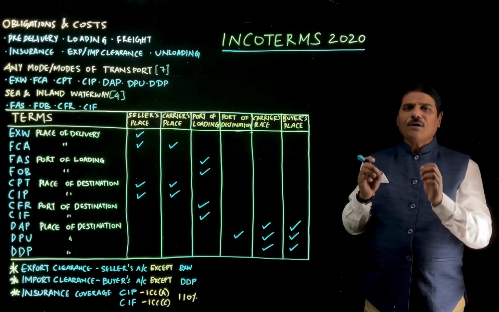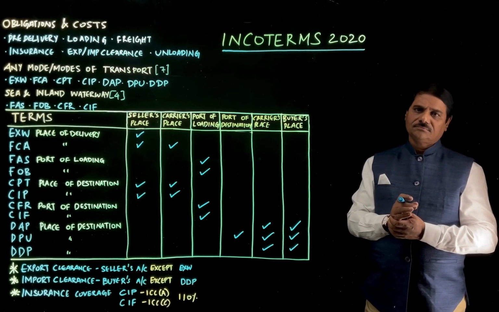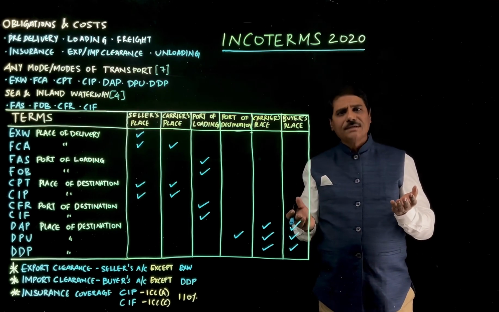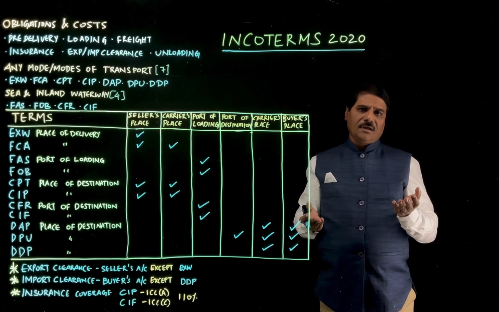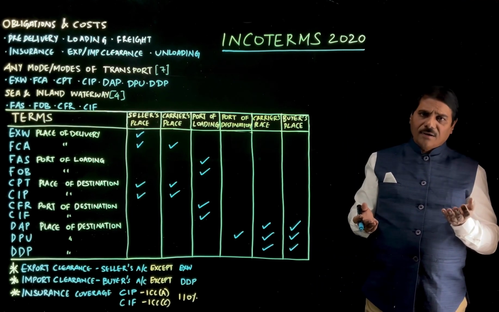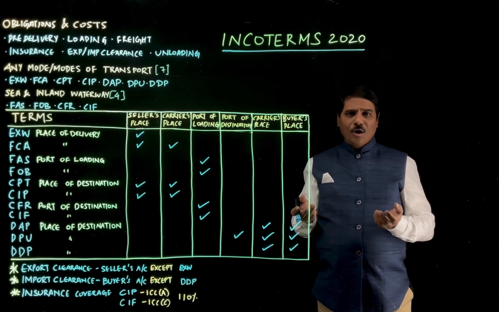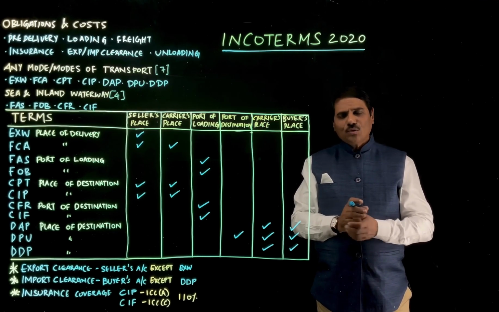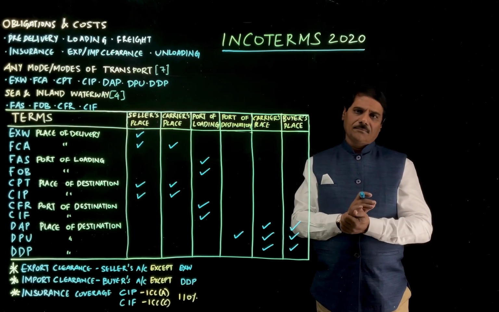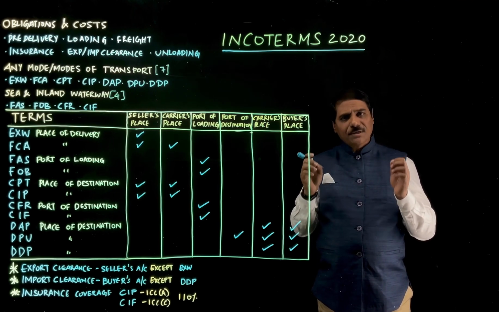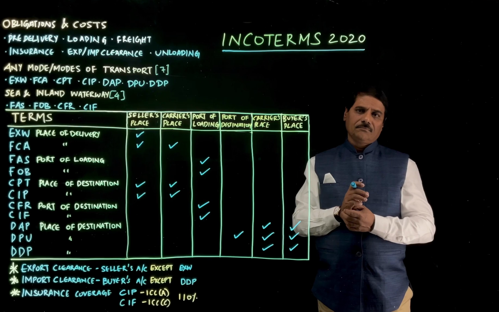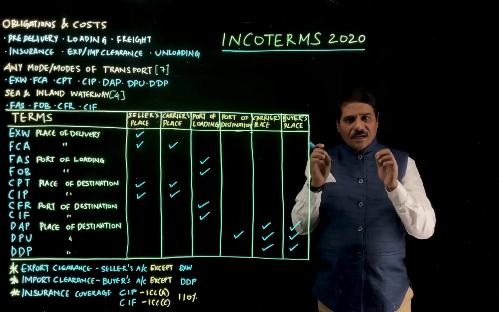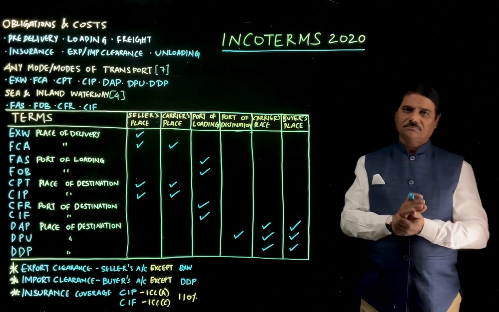So it does not depend on the cost. At the request of the buyer, the seller may be doing some additional service, or at the request of the seller, the buyer may be doing some additional services. So it is very important that both the seller and the buyer understand what the delivery point is, where the seller's risk passes to the buyer.